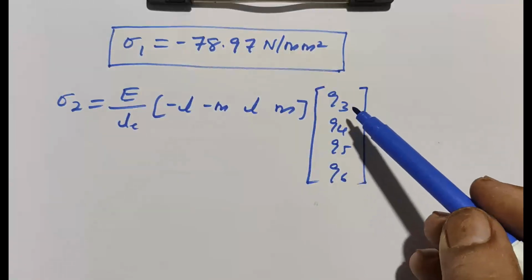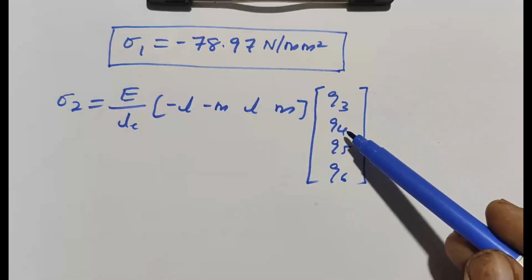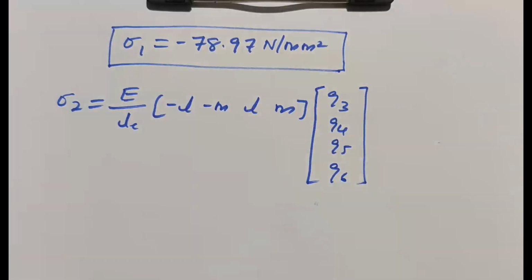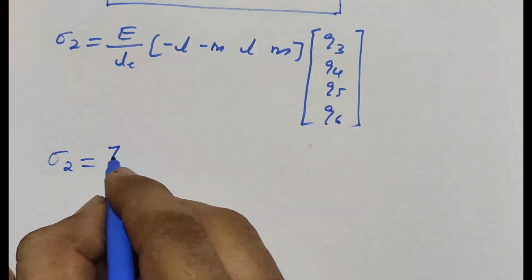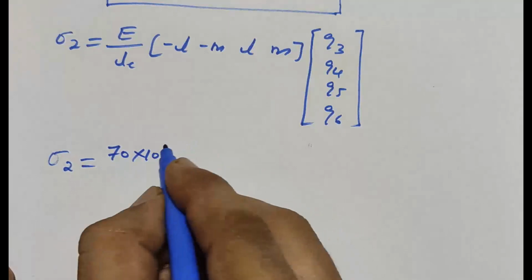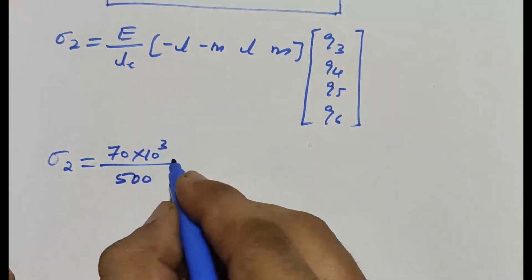Why Q3 Q4 Q5 Q6? See, element number 2 connects node number 2 to 3. So corresponding nodal displacements are Q3, Q4, Q5, Q6. Now substitute the given values. Sigma 2 is equal to E is 70 GPa, 70 into 10 power 3 by length 500 mm.